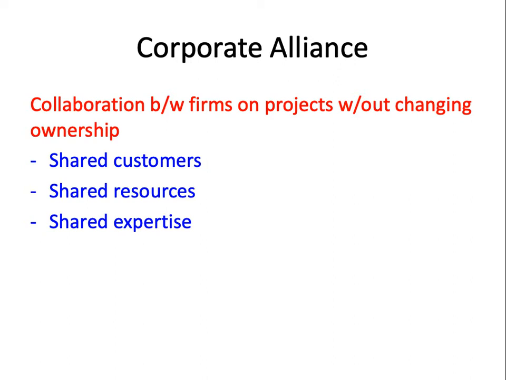So one example of this that I'm sure most of you have experienced is the Star Alliance. We're talking about airlines, right? If you fly on a plane and say you want to go somewhere around the world, right? And you jump on Air Canada. That Air Canada plane is not going to be the same plane that takes you to your final destination, right? Because Air Canada doesn't want to fly everywhere. It's a far too high of a cost, and it's not going to be profitable.